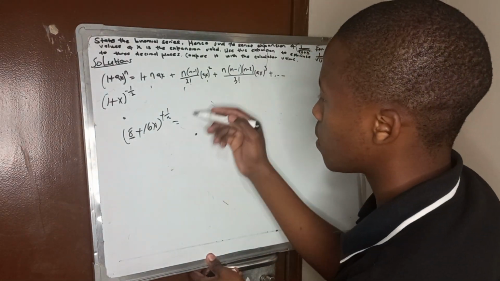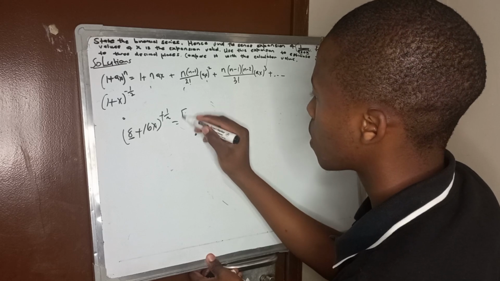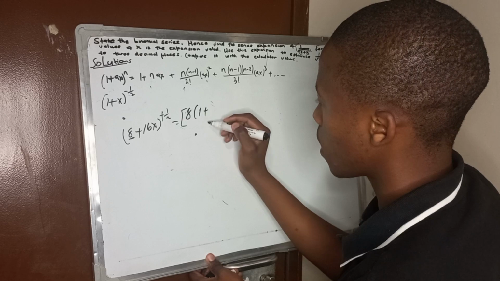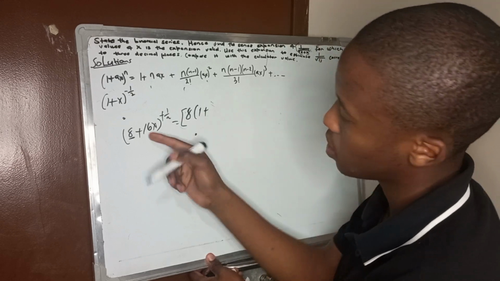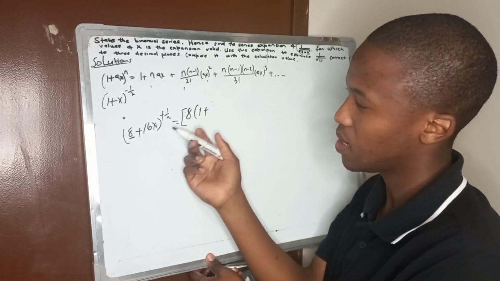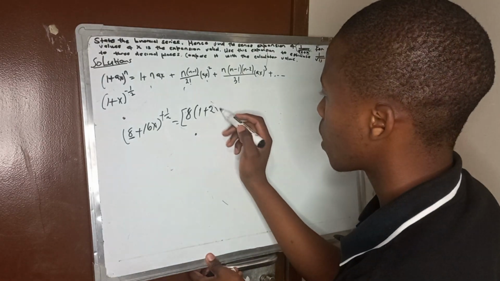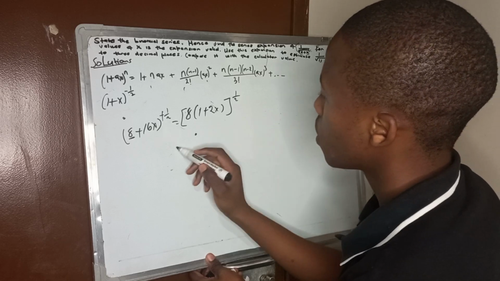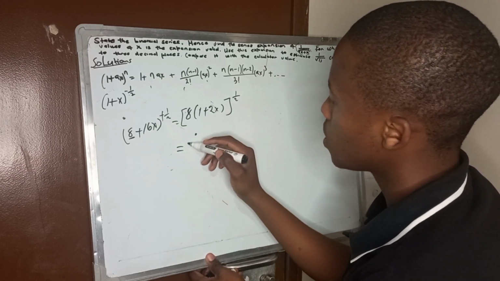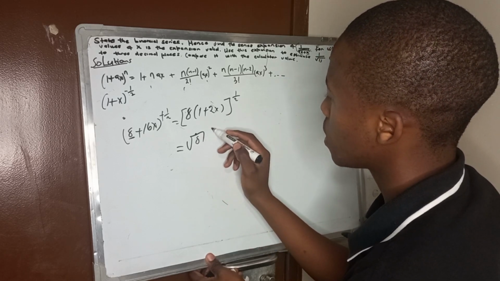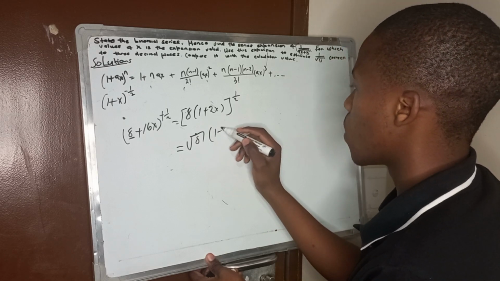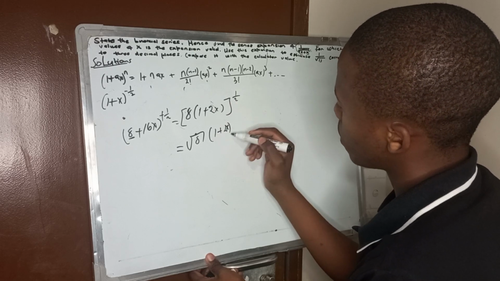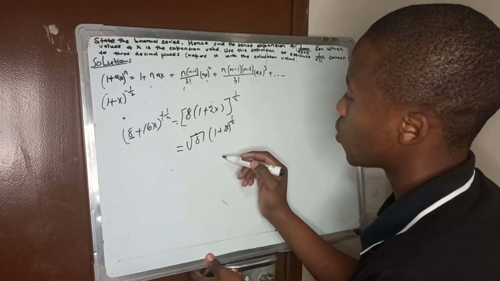Sithi okay, this is the same as 8 into 1 plus, then this is 16 divided by 8, that's 2x to the power 1 over 2.